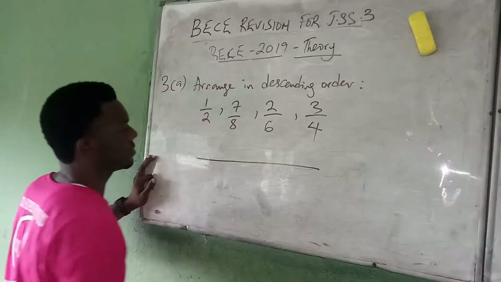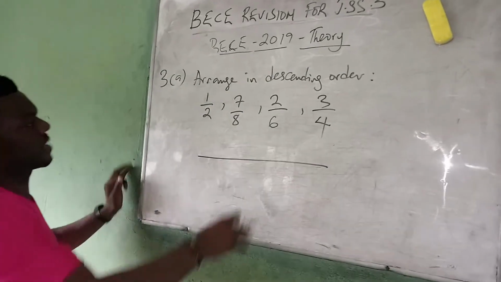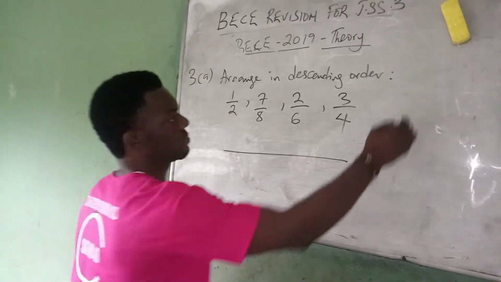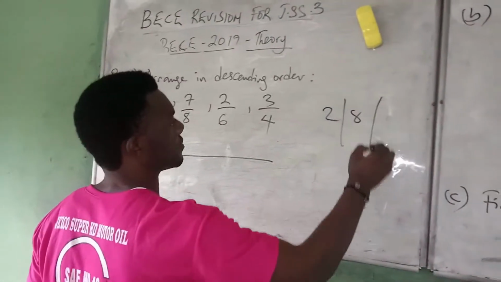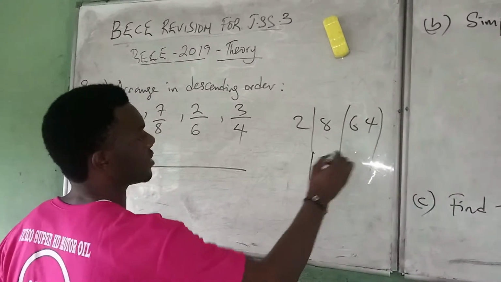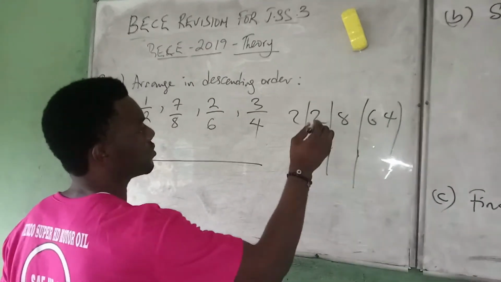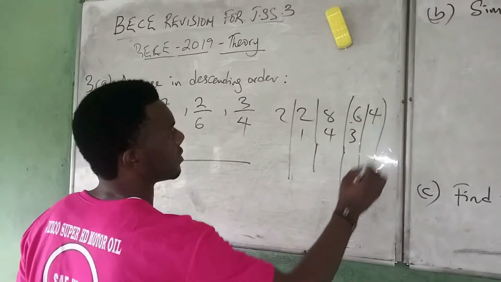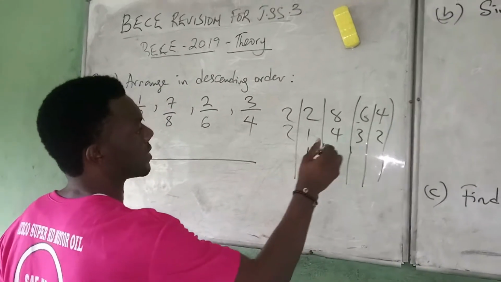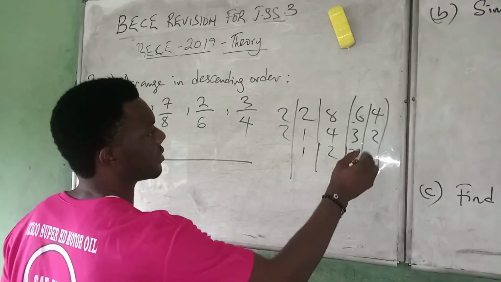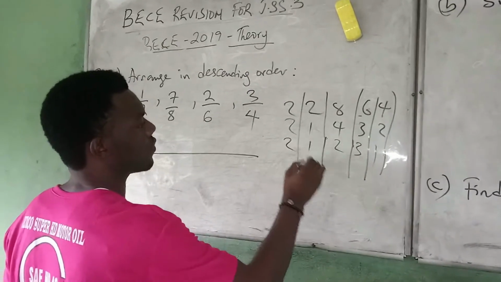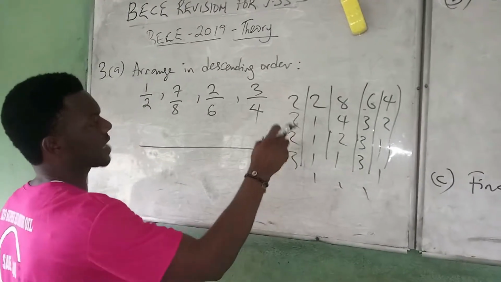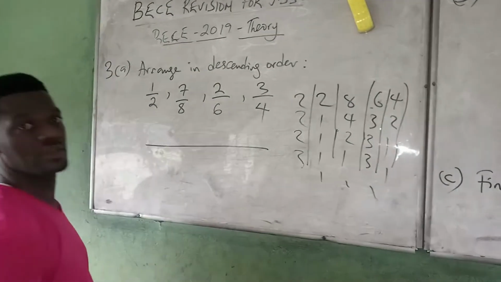Now we find the LCM of 2, 8, 6, and 4. Finding the LCM just as we normally do, we divide by 2, 2, 2, and then 3. So 2 times 2 times 2, 8, times 3, 24.